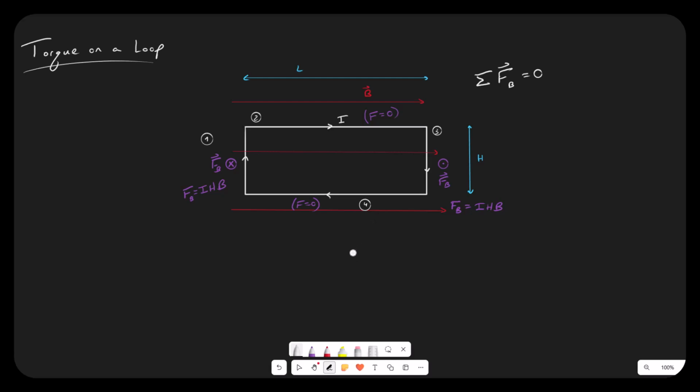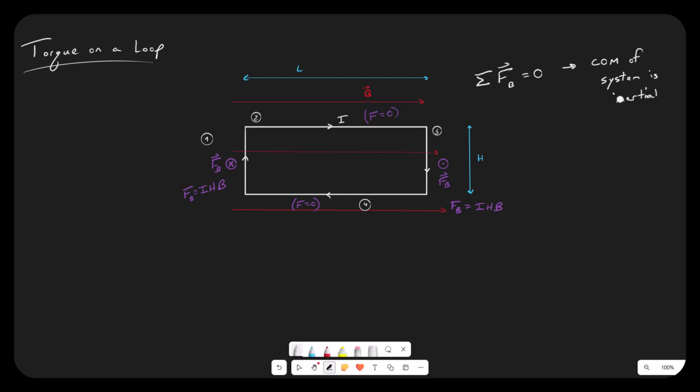That isn't exciting enough to merit its own video. There must be something else going on. A total force being 0 means the center of mass of the system is inertial, meaning if it's moving already, it's going to keep moving in that same way.